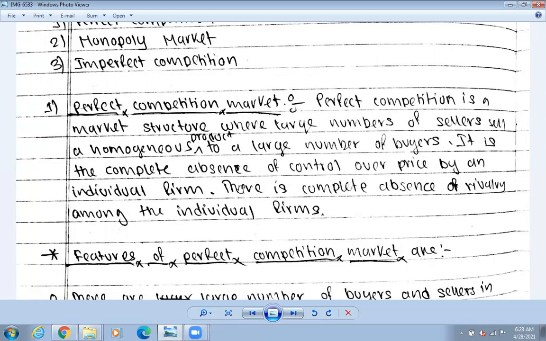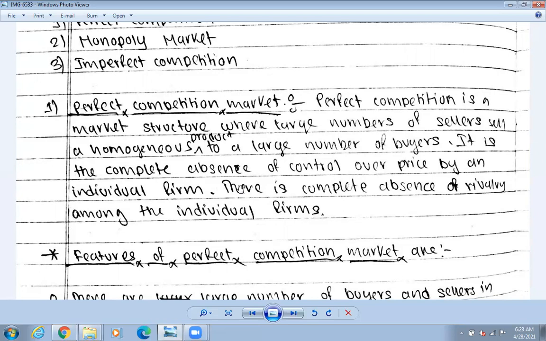For example, for buying or selling Kurkure or the YY noodles, biscuit, maida, atta, whatever you are going to buy. If you go to market A, market B, or market C, you can get the same price in all the markets.